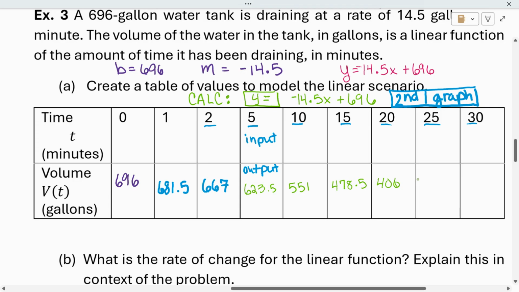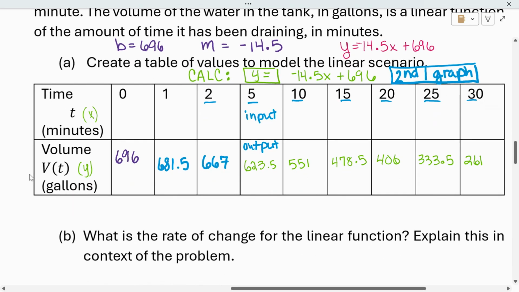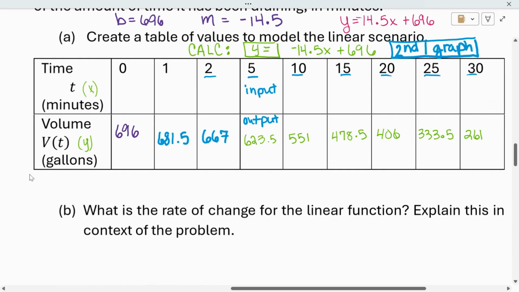When x is 25, my output is 333.5 gallons. And when x is 30, my output is 261. So yes, I'm using x in place of the t. That's how I put that into my calculator. And I'm using y in place of the v of t, that function.